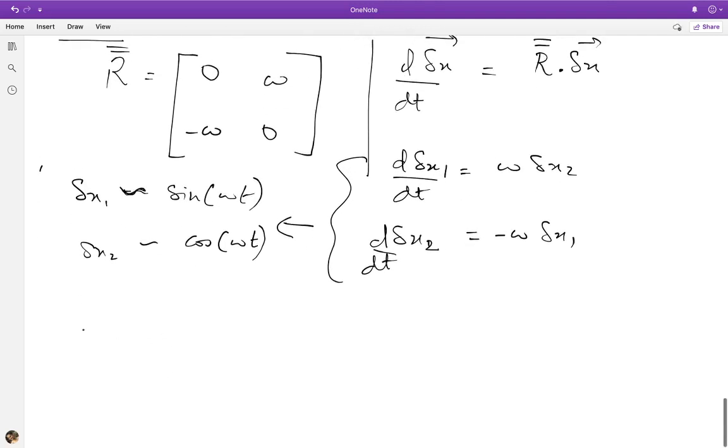And so what this means is, you see what we had proved earlier, that if I take delta x1 squared plus delta x2 squared, which is the magnitude of the delta x vector squared, this must be equal to a constant, indeed 1 in the case where the constant here is unity. So this means that a line element doesn't change its length.